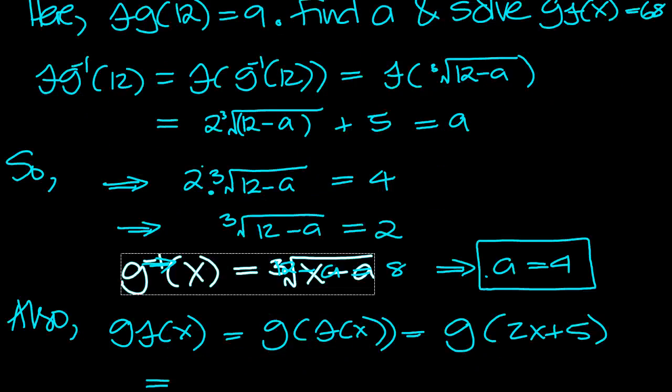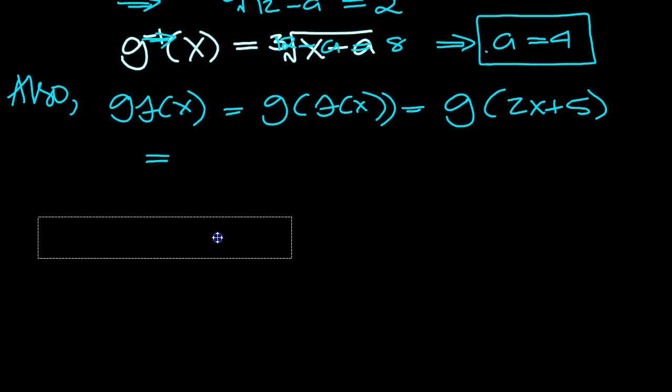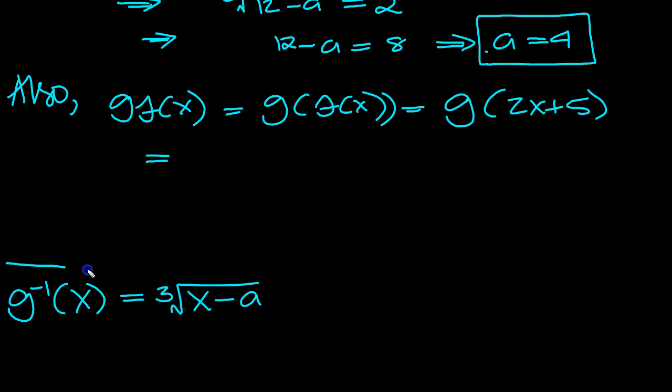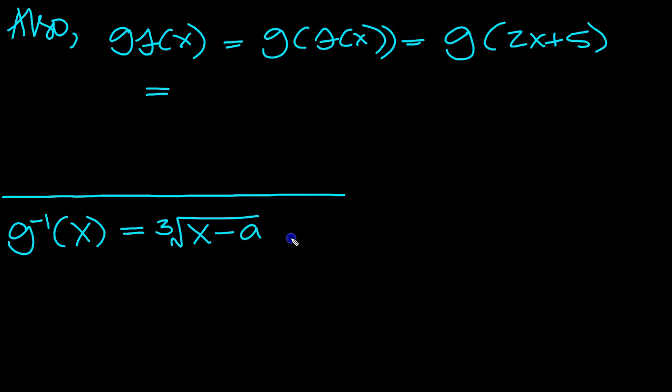So let's do that then. We're going to work on a sub-problem underneath here, so I put a line to denote a sub-problem across the page. Now this is the case for g⁻¹. The other thing to say is that g of x is just the inverse of the inverse, isn't it?